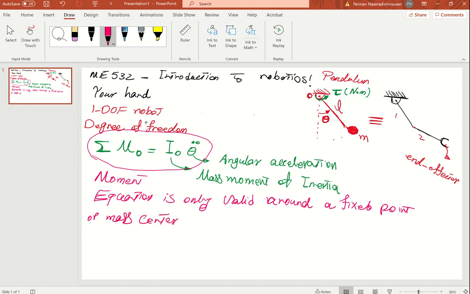Only and only if you apply the moment equation around a moving point, you are solving a wrong problem.